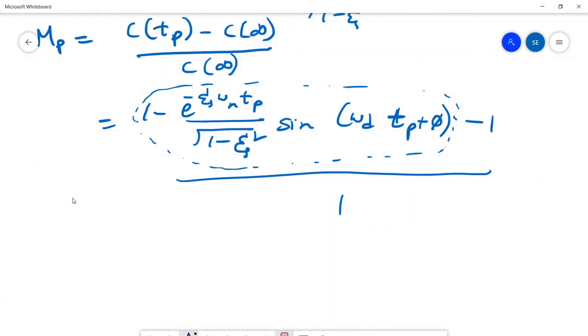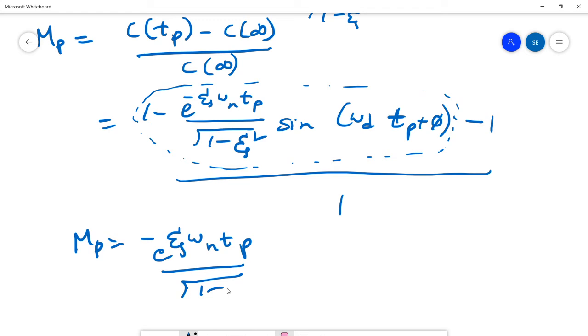What we get is Mp, the maximum peak overshoot, is equal to minus whatever the leftover term, minus e power zeta omega n Tp divided by root of 1 minus zeta square, sine of omega d Tp plus phi.